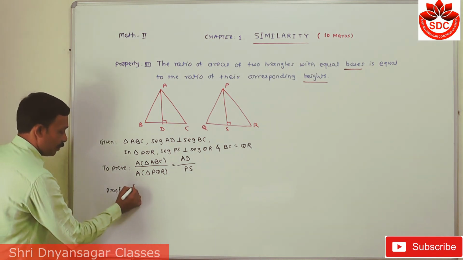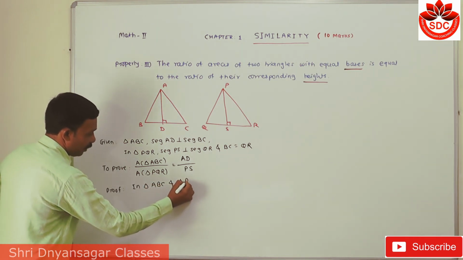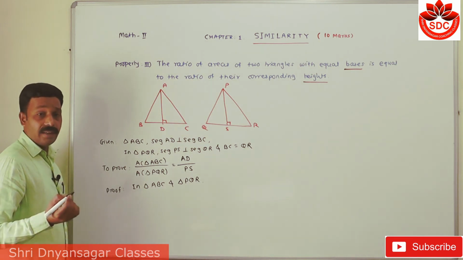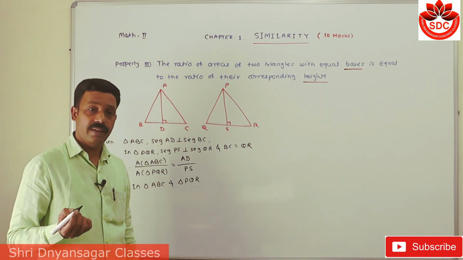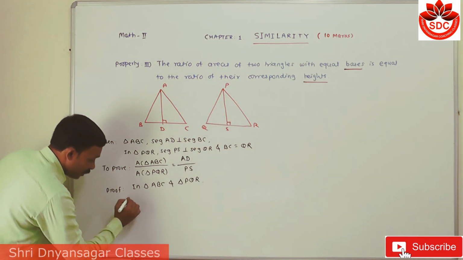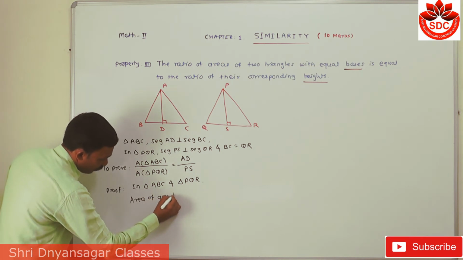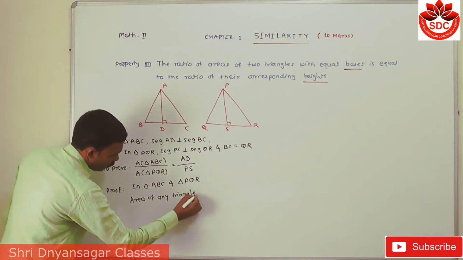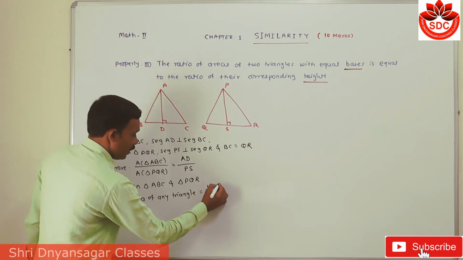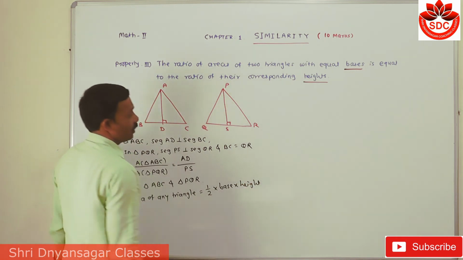In these two triangles, in triangle ABC and triangle PQR. Student, we know that the area of any triangle is equal to half into base into height. So the area of any triangle is equal to half into the base into how much? Height. This is the formula.